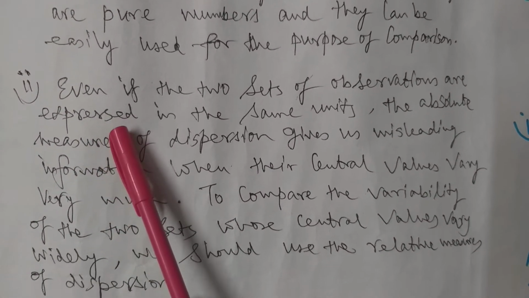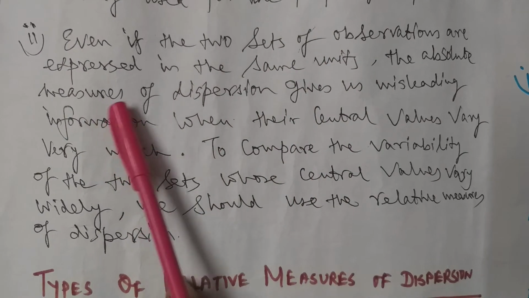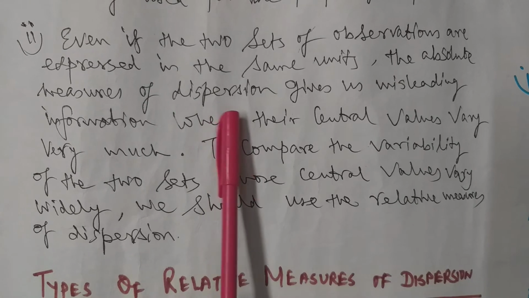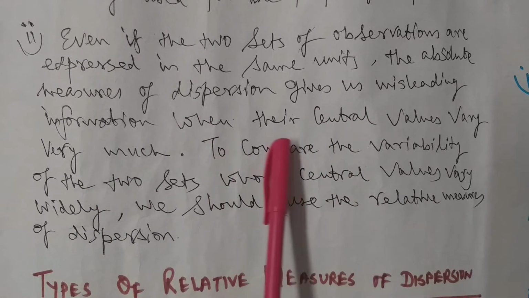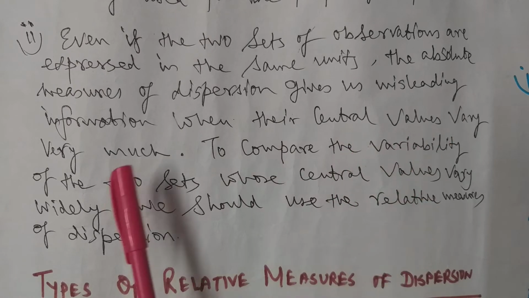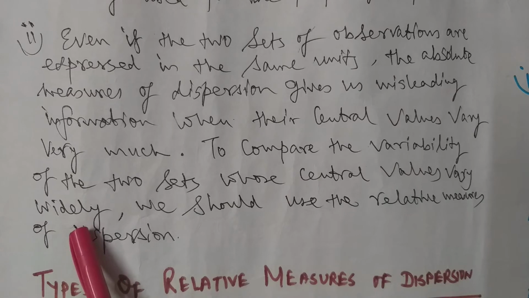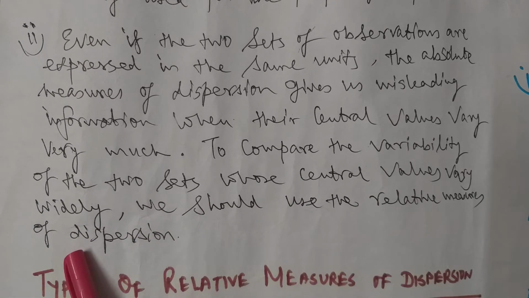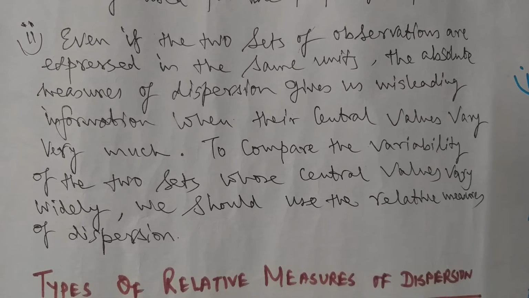Number two, even if the two sets of observations are expressed in the same units, the absolute measures of dispersion give us misleading information when their central values vary very much. To compare the variability of the two sets whose central values vary widely, we should use the relative measures of dispersion.